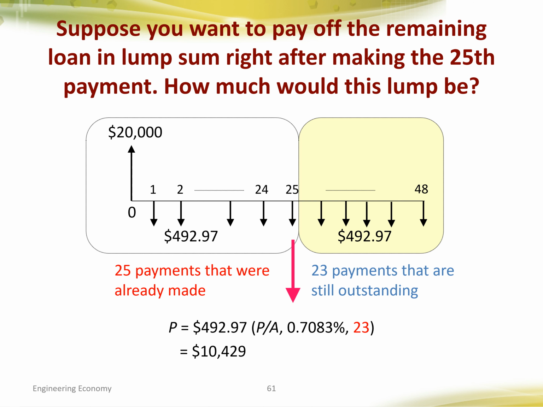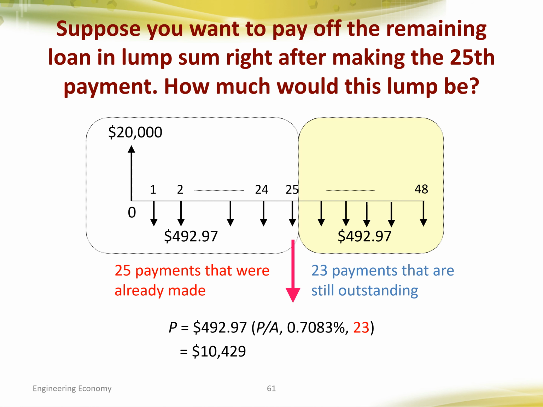In this example, after we pay the 25th month, we decide to pay back the rest in a lump sum payment. So how do we come up with the number that we need to pay back?